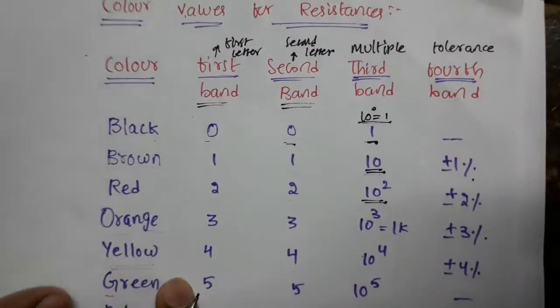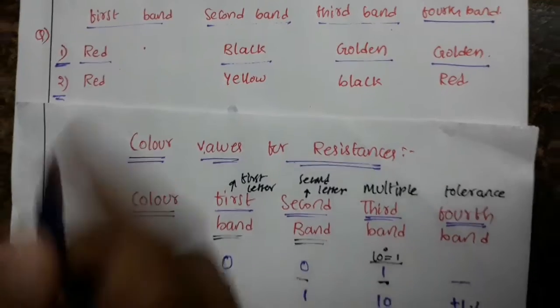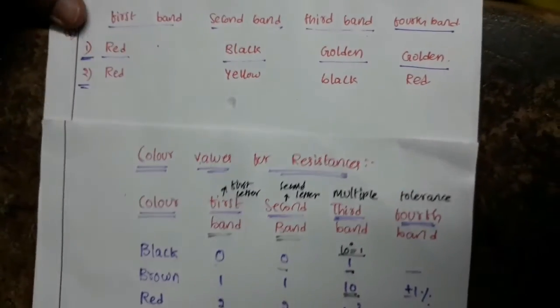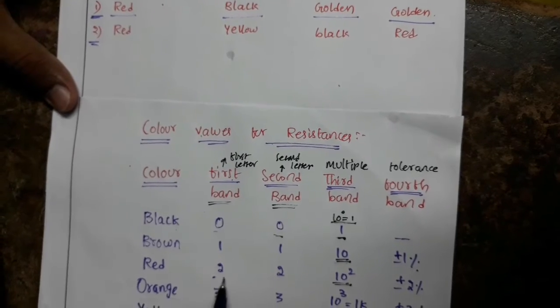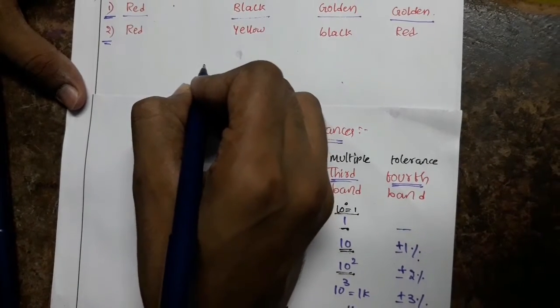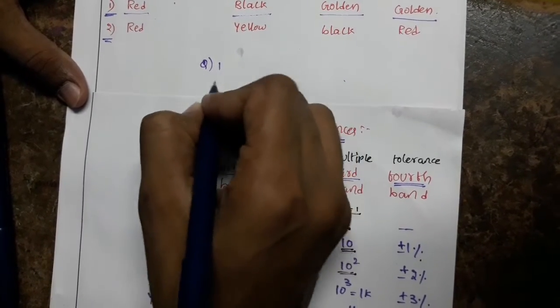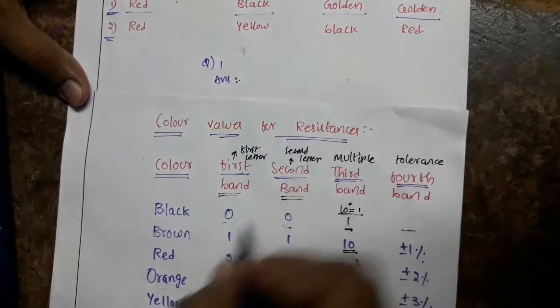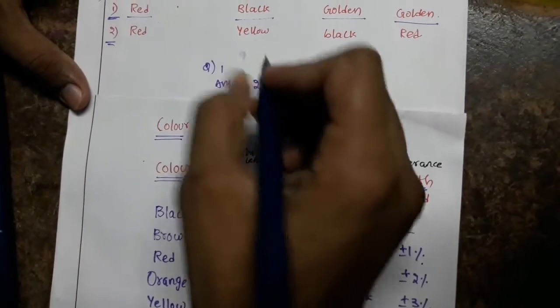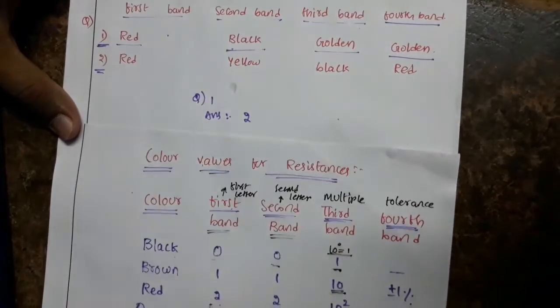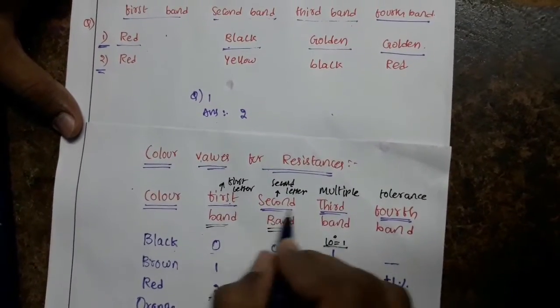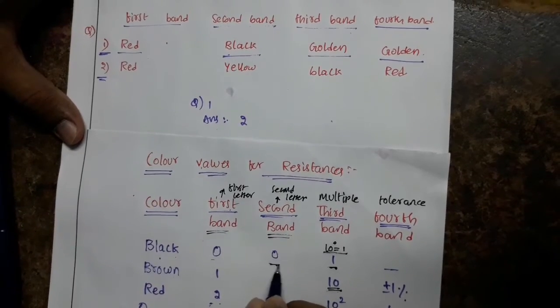From the table, the first band red has a value of 2. The second band black has a value of 0.